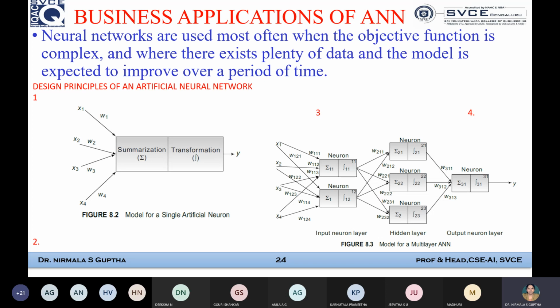See, W21 comes as an outcome from neuron 1 in picture 3, so that will act as an input to neuron 2-1, neuron 2-2, neuron 2-3. You can make an observation there. The outcomes of neuron 1-1 and neuron 1-2 on the extreme left-hand side, as the input layer, will act as an input to your hidden layer.